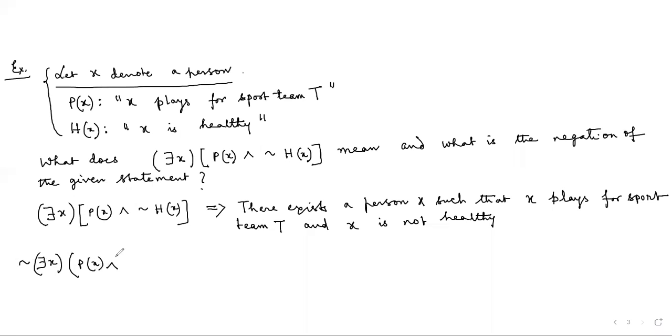When we write the negation of there exists X such that Px and not Hx, by implication it becomes for all X, negation of Px and not Hx.